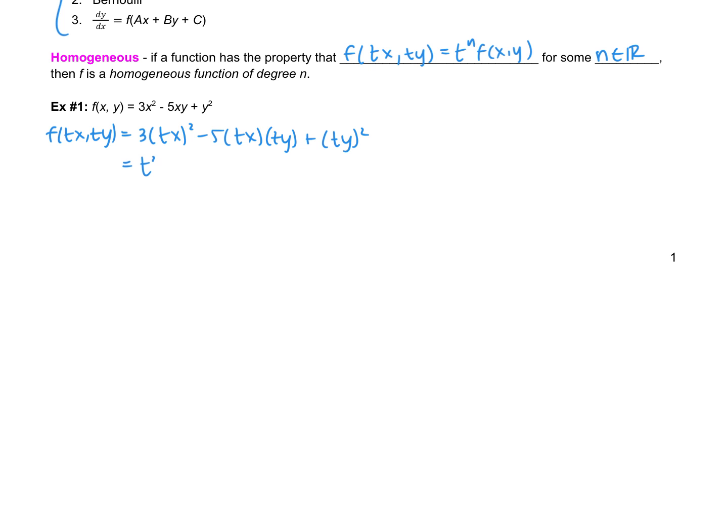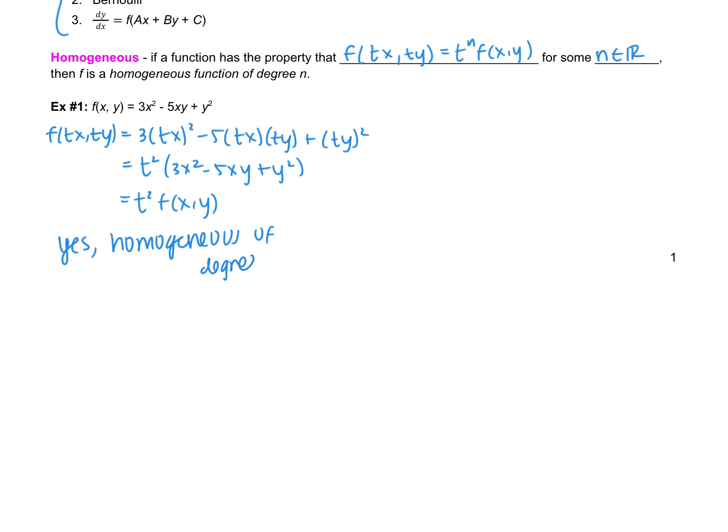So if I factor out a t squared, I'm going to end up with 3x squared, subtract 5xy, add y squared, which is t squared multiplied by the function in terms of x and y. So this tells us, yes, our function is homogeneous of, we say, degree 2.